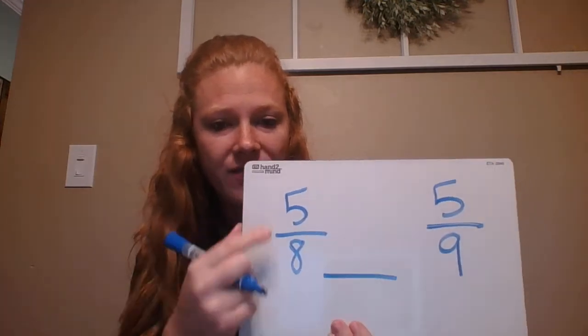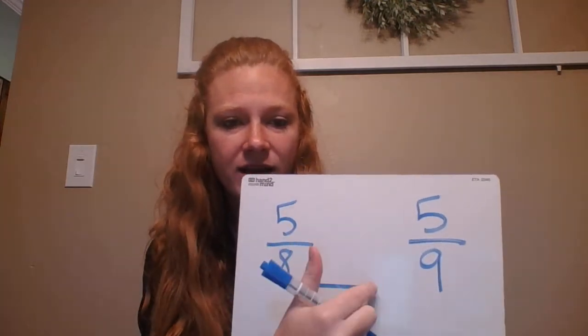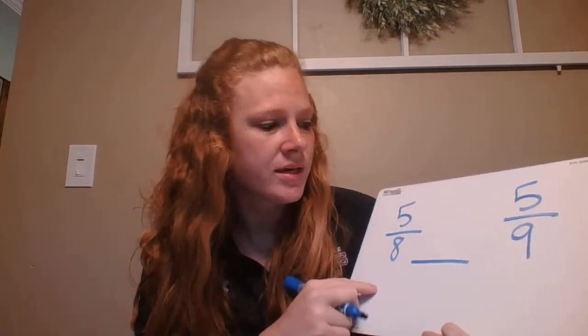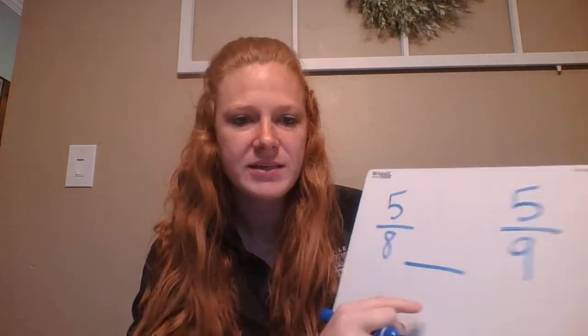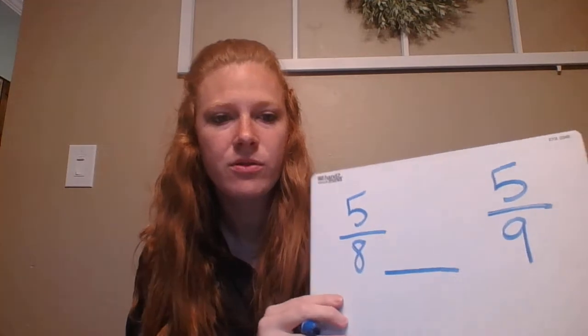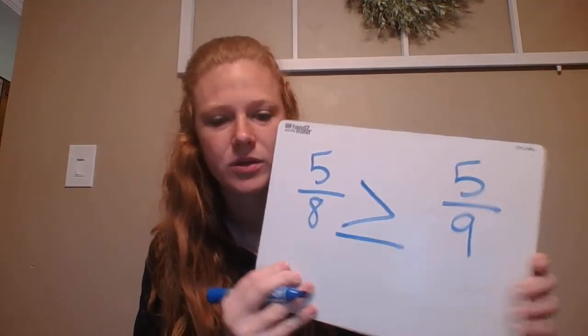So 5/8 is actually bigger than 5/9 because that's like imagining eating 5 pieces of an 8-piece candy bar rather than 5 pieces of a 9-piece candy bar. So 5/8 is actually bigger.